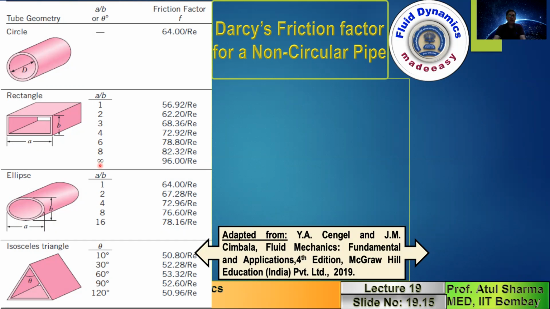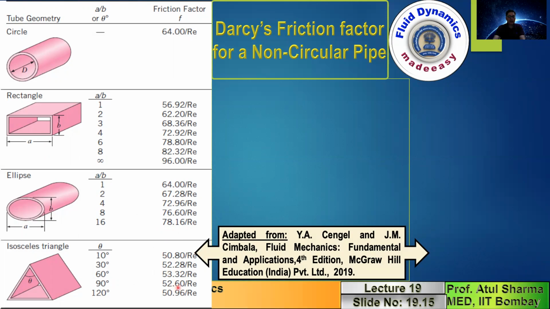You can see that in a circular pipe you have 64 by Re, and here as you keep increasing the width, the numerator value increases from 56.92 to 96.0. And in the ellipse, when you increase the width as compared to height as shown here, varying from 1 to 16, again the numerator changes from 64 by Re to 78.16 by Re.